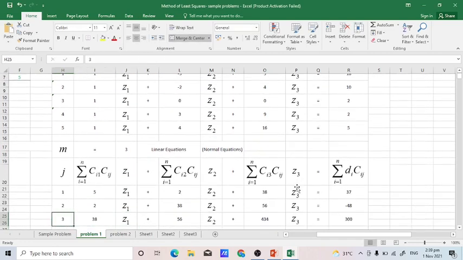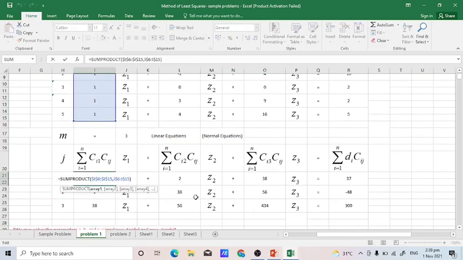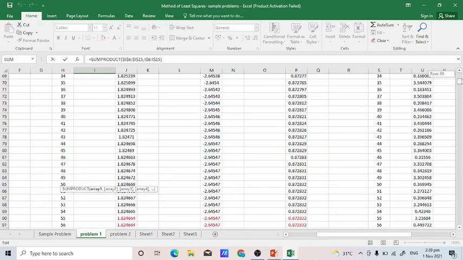And then, meron tayo ditong first normal equation. Ito yung ma-obtain natin. Okay? Basta guide nyo lang yung PowerPoint. Di naman kayo maliligaw. So, ito yung mga tatlong normal equations. So, yan yung command, sumproduct na ginawa ko. Okay.